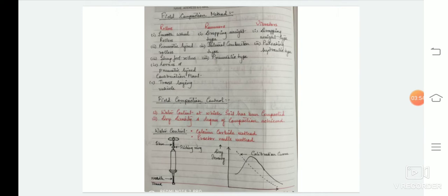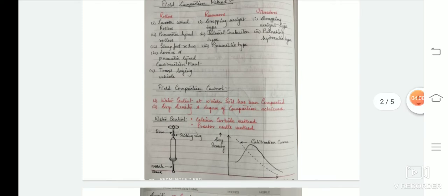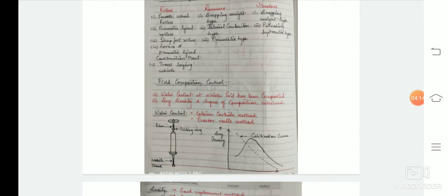and vibrator category. The rolling equipment are of 5 types: smooth wheel rollers, pneumatic tired rollers, sheep foot rollers, lorries and pneumatic tired construction plants, and track laying vehicles. These are the 5 types of rolling equipment. What are the ramming equipment?